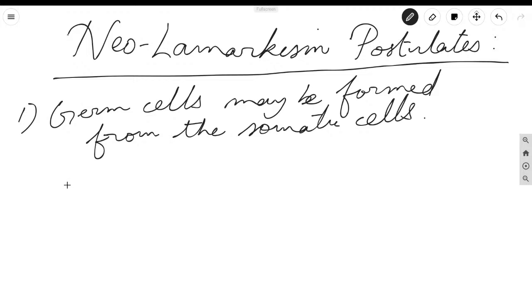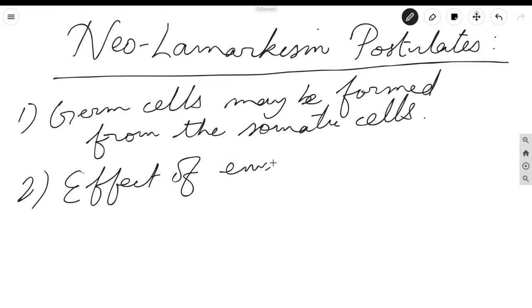Then, the effect of environment on germ cells through the somatic cells.